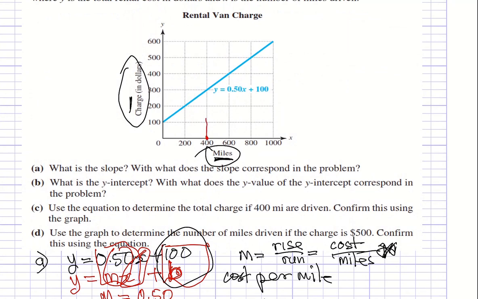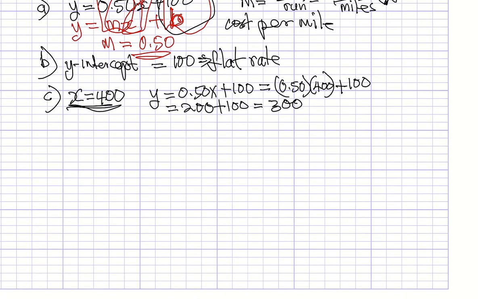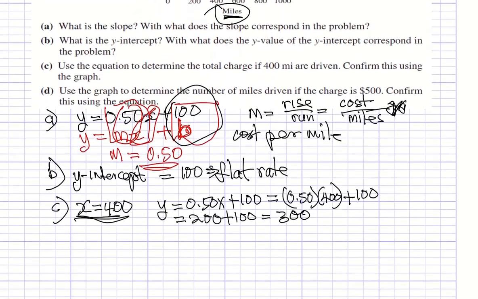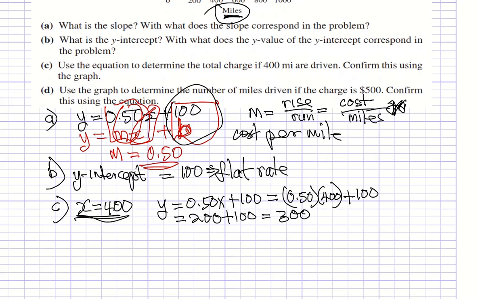You go up to the graph, see where it intersects, and then go to the y-axis, which represents charge. That's 300 right there, so it's confirmed. And D says, use the graph to determine the number of miles driven if the charge is 500.